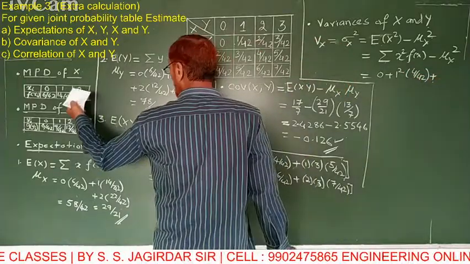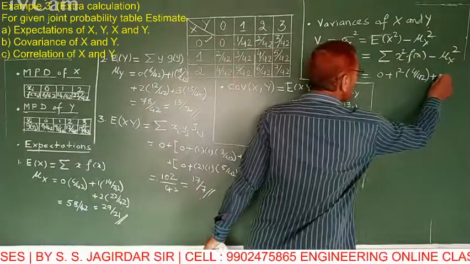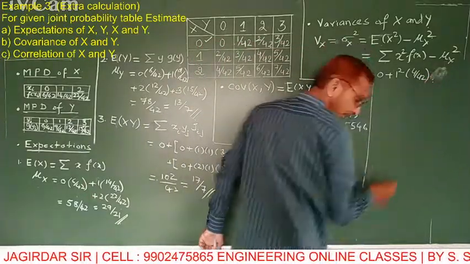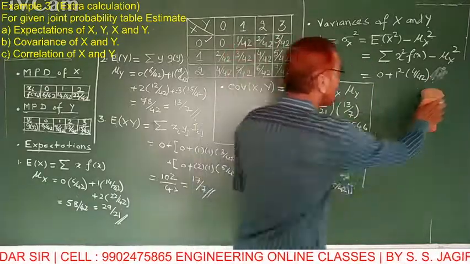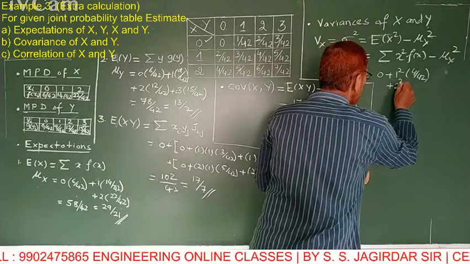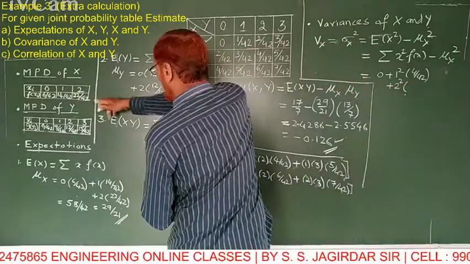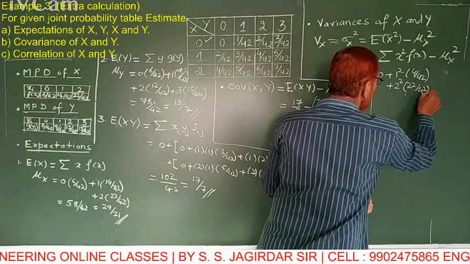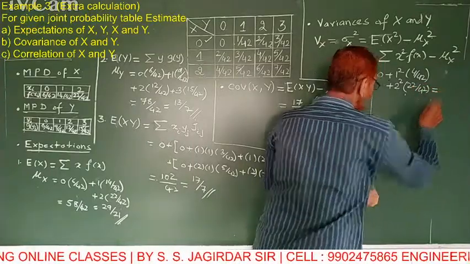X value is 2, 2 square into what is the marginal probability? 22 upon 42, and that will result in 2.